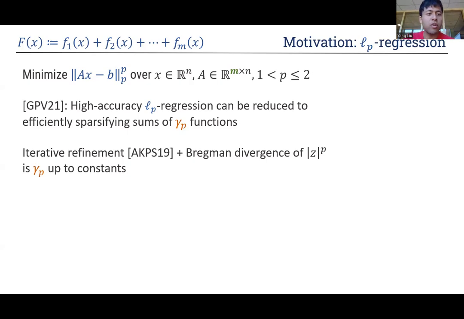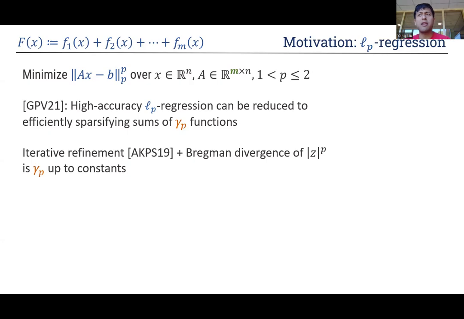However, it was shown by Adil, Peng, and Sachdeva that for high accuracy L_p regression, in other words, logarithmic dependence on the error parameter epsilon, this can be reduced to efficiently sparsifying sums of gamma_p functions. And this motivated us to study the more general question of sparsifying generalized linear models.